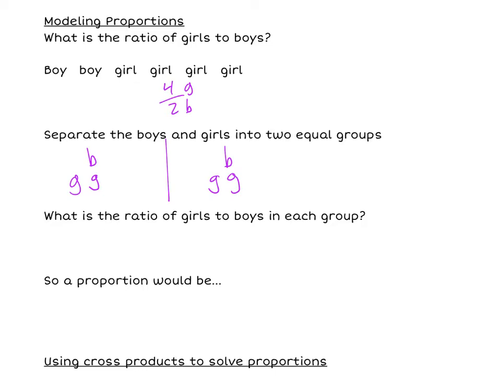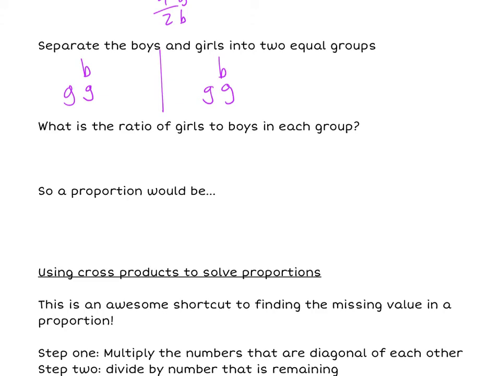So what is the ratio of girls to boys in one of the groups now? Joey? 2 to 1. All the way around because girls is first, yep. 2 girls to 1 boy.